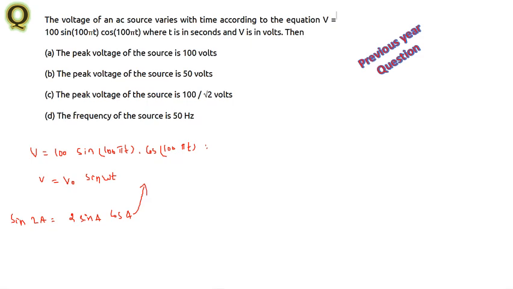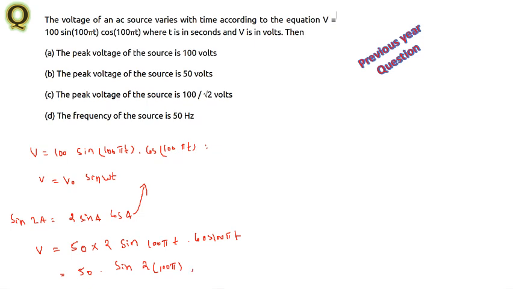I just mentioned this equation, V equal to 50 into 2 times sin 100 pi t and cos 100 pi t here. So 2 sin A cos A is sine of 2A, where A here is 100 pi, right, the sine 2A formula.